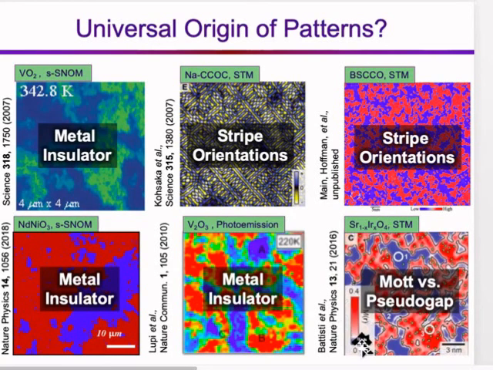And on the lower right is scanning tunneling microscopy out of Milan Allen's group in Leiden, studying the Mott and pseudogap puddles that happen in strontium iridates as they go through a phase transition. So there seems to be a theme of intricate pattern formation as phase transitions happen in certain quantum materials. I do think there's some universality going on across these materials, but today I'll focus in on the vanadium oxides.